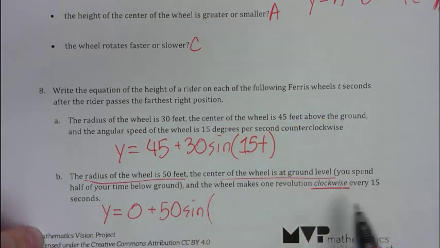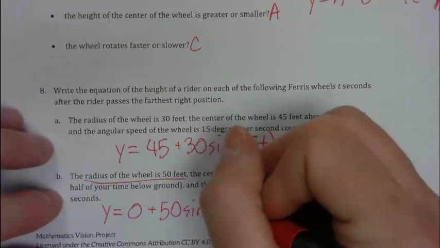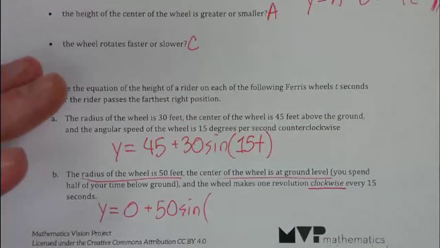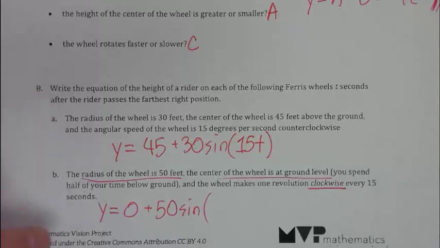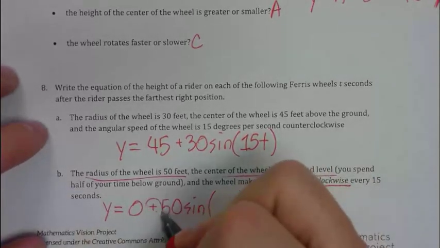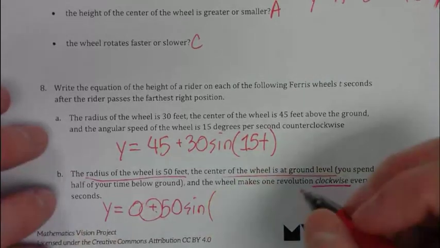So now since we're going clockwise every 15 seconds, well, that would mean we'd be kind of going in negative degrees. And so we wouldn't be able to do the original thing we needed to do. So instead of going plus here, we're actually going to make this plus sign a minus.